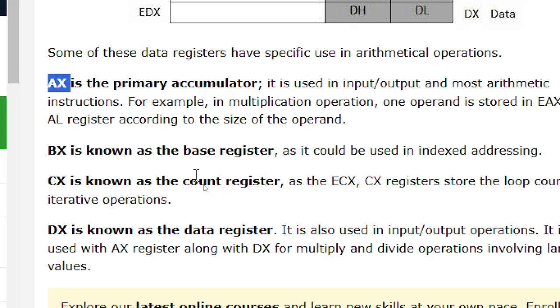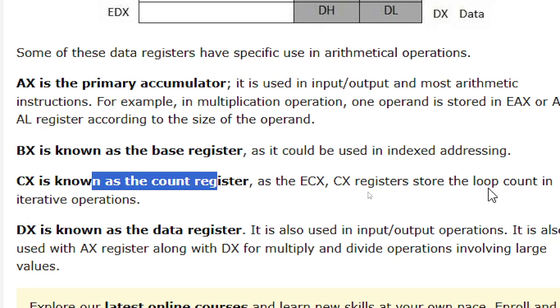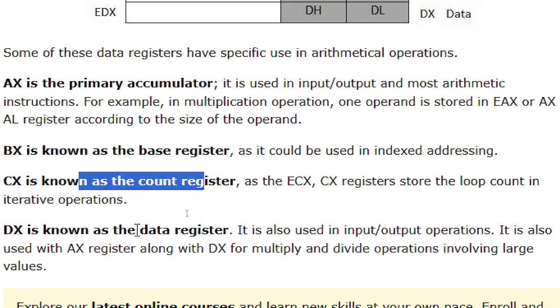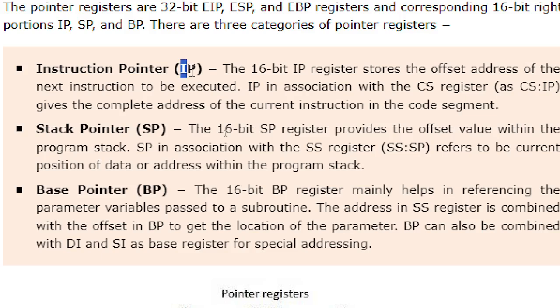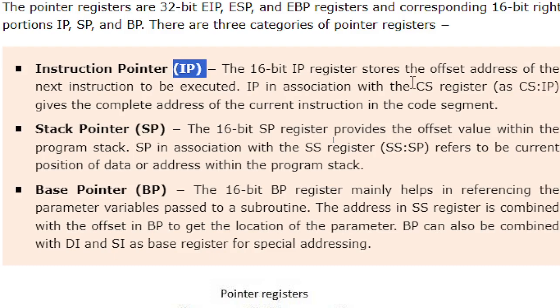This is the base, this is the counter for looping, and this is the data register, DX. Then there are the pointers: instruction pointer, stack pointer. This is used in the stack. The structure pointer is the pointer for tracking the number of items continuously.